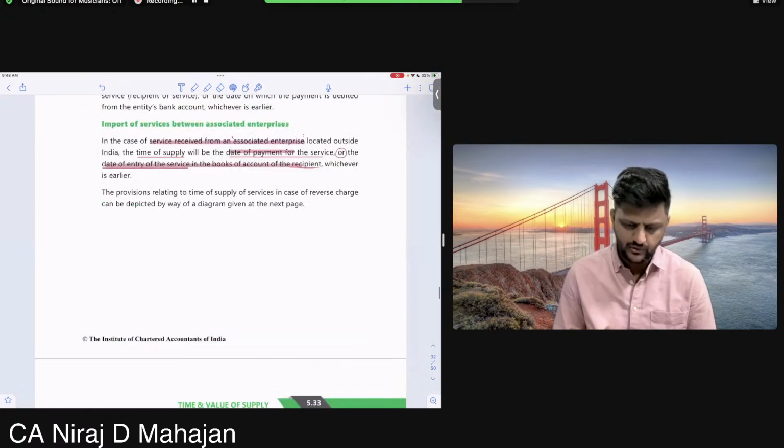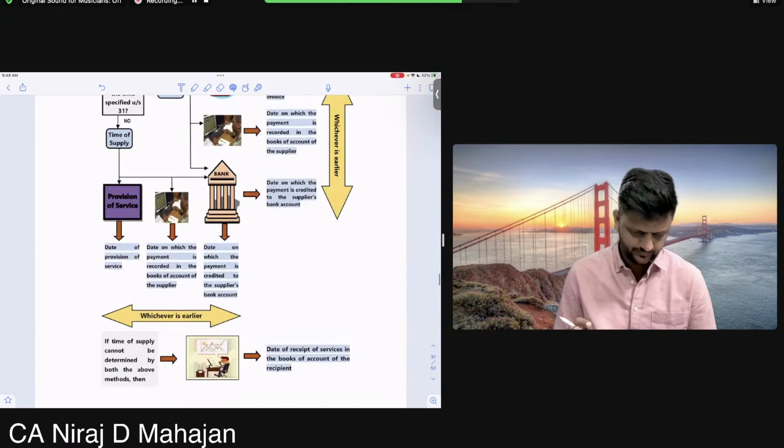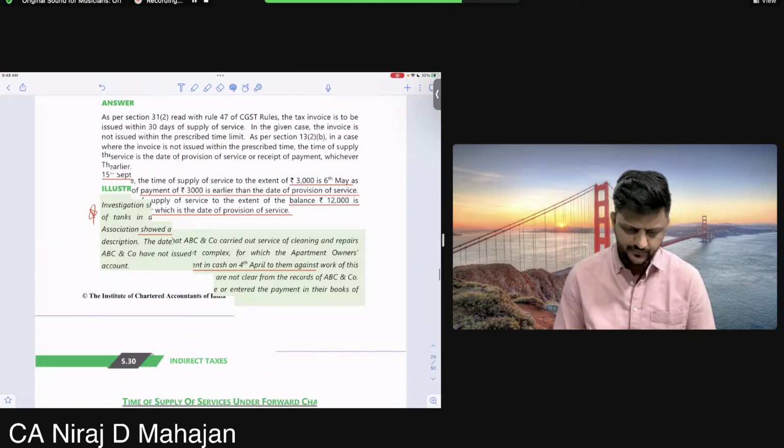We need to have the residual case also. This is services. I want goods.